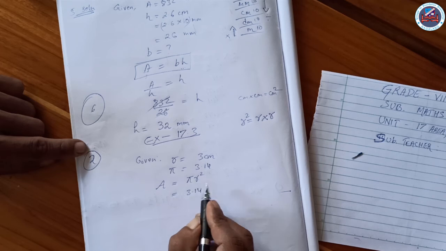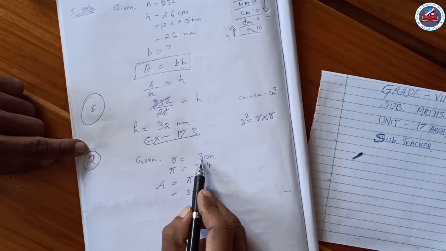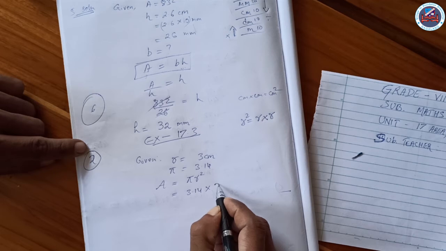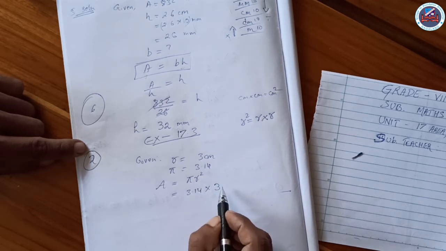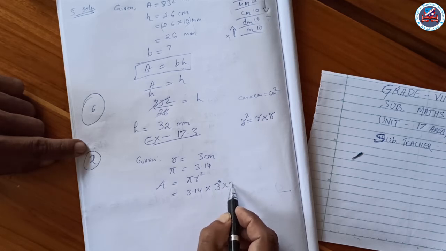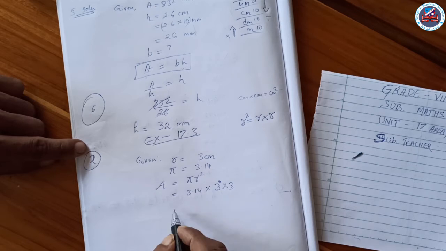No sign means into. R we have 3. R square: you can do like this also, or you can write R into R. R square means R into R.